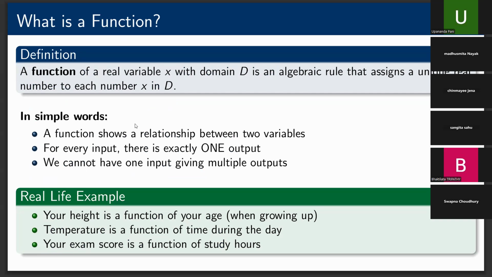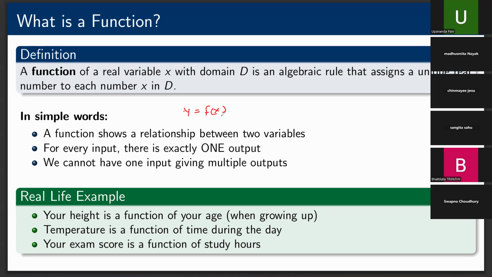A function of a real variable x with domain D is an algebraic rule that assigns a particular value of y for the given value of x. Generally we write a function in this way: y as a function of x.